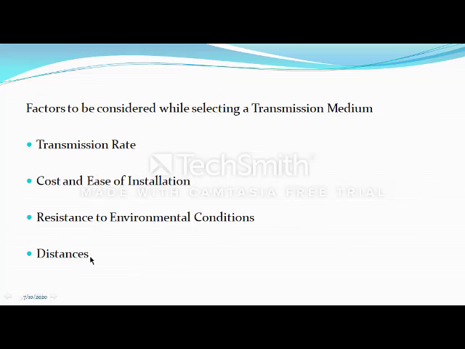And distances: how much distance a signal has to travel, otherwise it will die out. These factors should be considered while selecting the transmission medium.